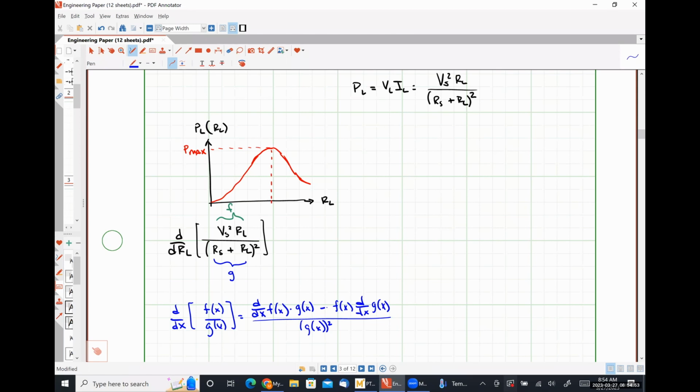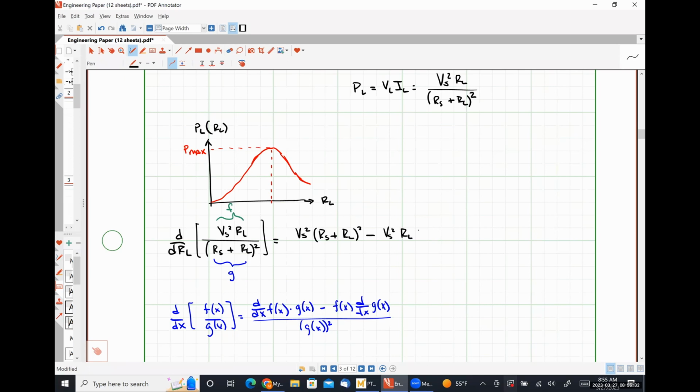All right, so what is the derivative of VS squared times RL? Times RS plus RL quantity squared. You guys say it should be a minus sign, so let's run with that. Probably should be a minus sign now that I'm looking at it. Then we're going to have VS squared times RL.